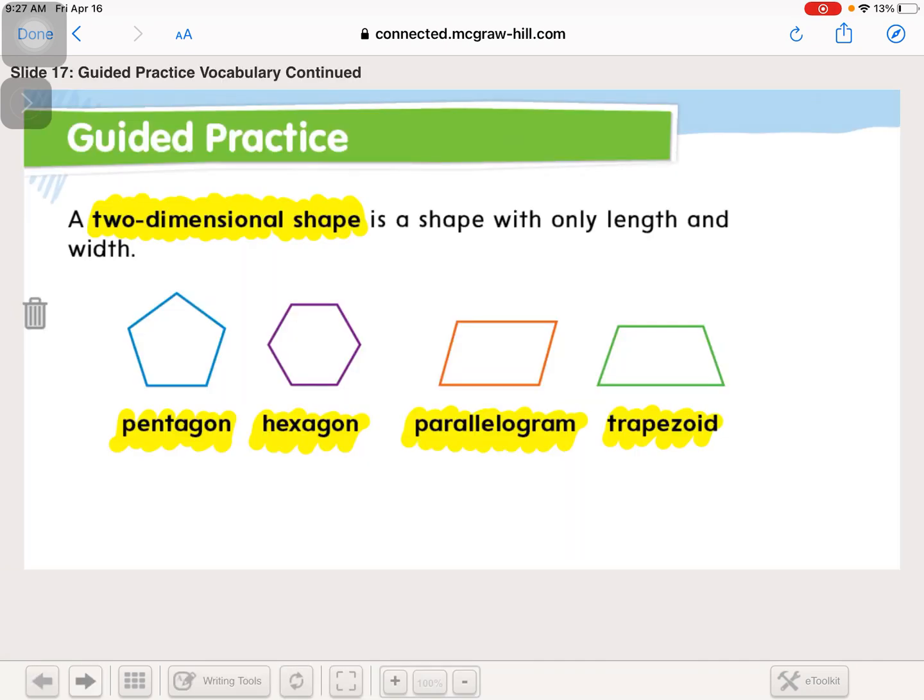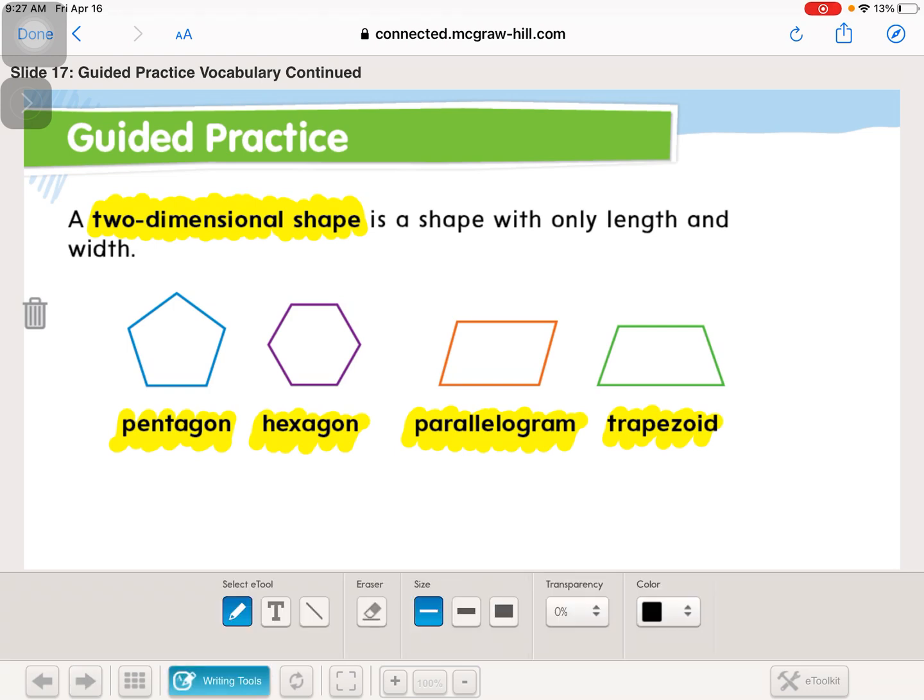So a two-dimensional shape, we've been talking a lot about that, only has length and width. Here are some other shapes that we didn't talk about on the last page, which are pentagon. Pentagons, if you want to on your page, I'd like you to write 5 under pentagon, because a pentagon is a 5-sided figure.